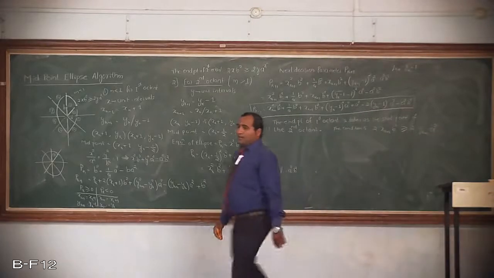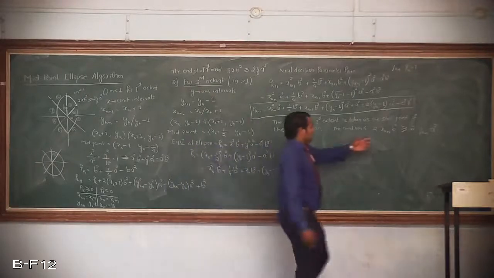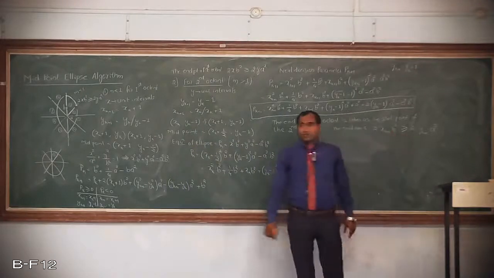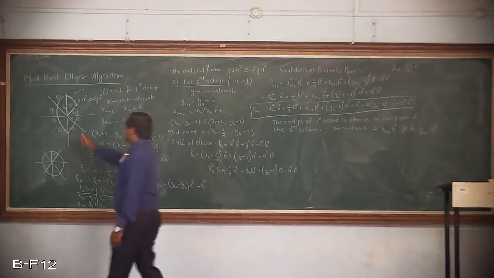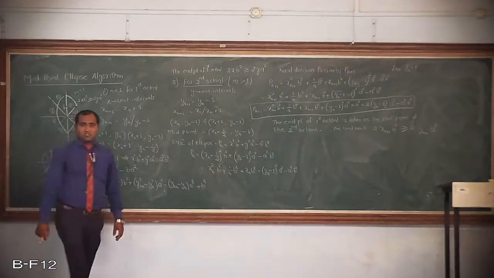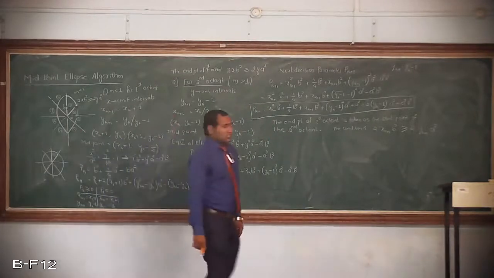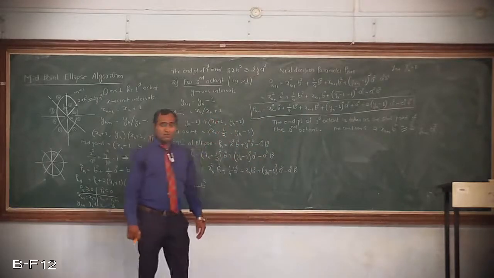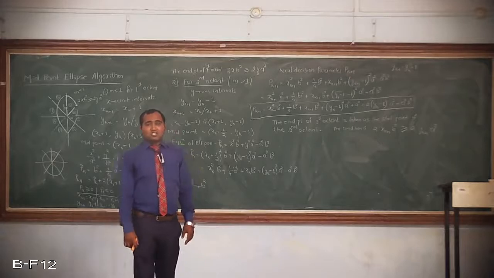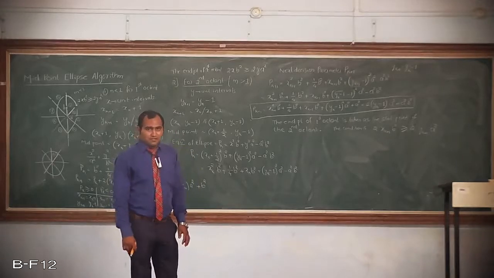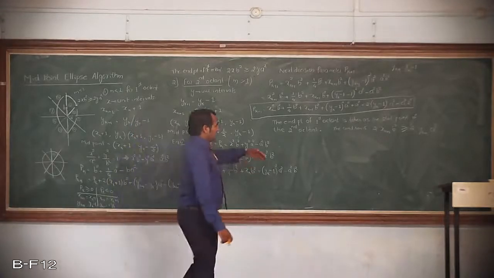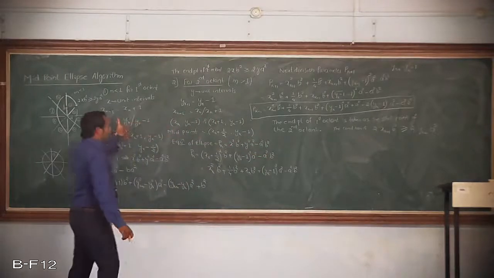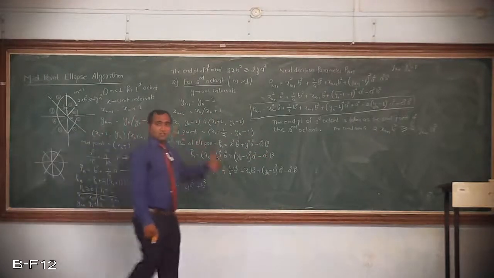Once I obtain this, I should stop the iterations in the second octant. Here there is no need to calculate the value of the initial decision parameter pk. That is taken care of by the first octant.